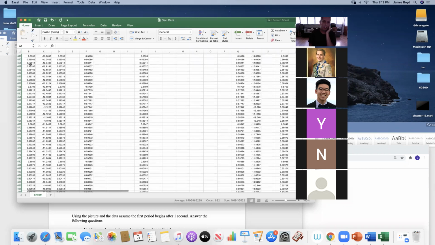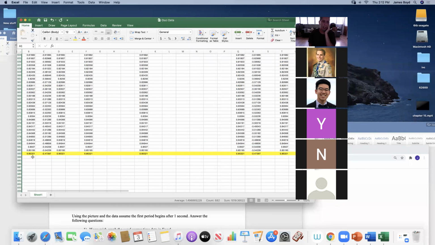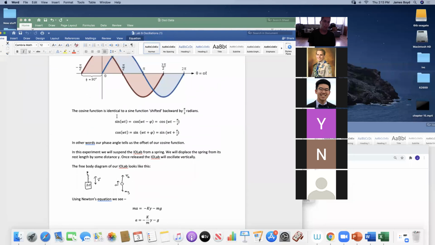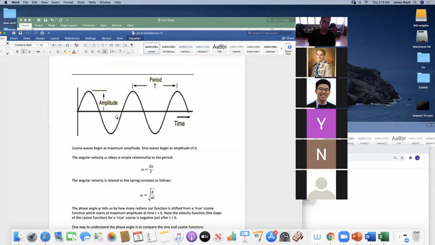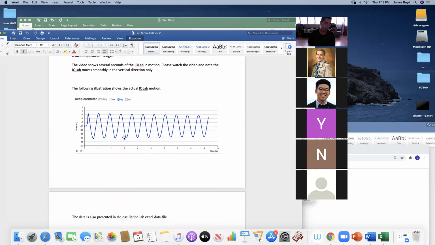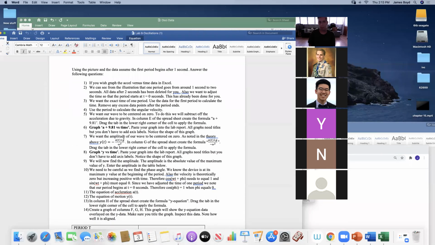And when we look at this, we can see that it goes to 0.85321, and that's important because the first thing that we want to know is omega. Now omega is 2 pi over the time. And when we get down to here, it tells us what to do.